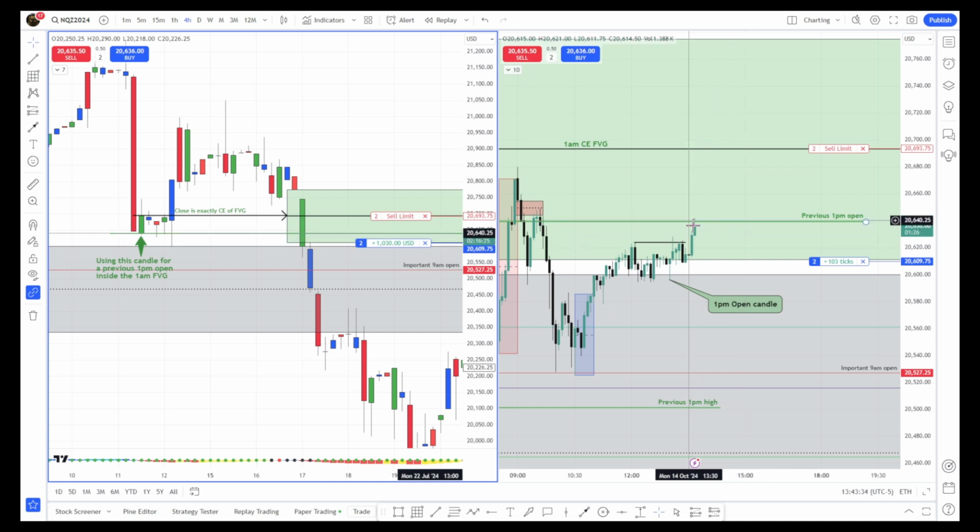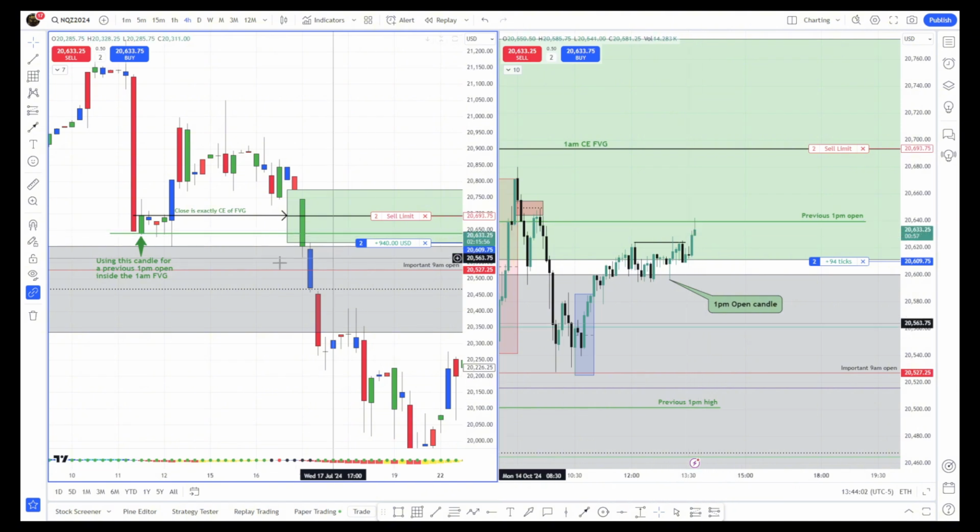So we tap it and look what we get. Most people would have no idea why we get an initial reaction off of that price point. They might think fair value gap, they might think didn't touch the inverse fair value gap, order block maybe. Okay, but what it's reacting off of is this previous 1 p.m. open, which is all the way over here.